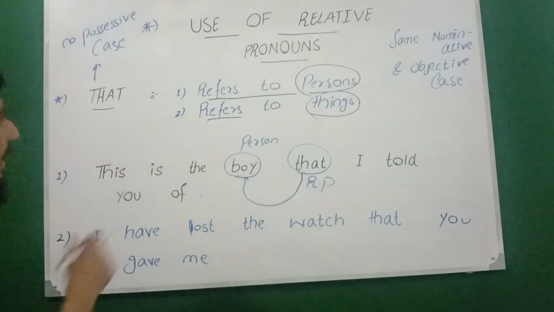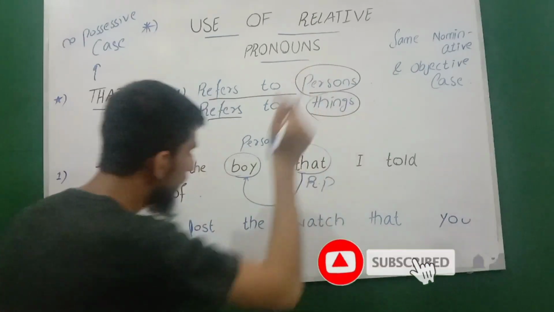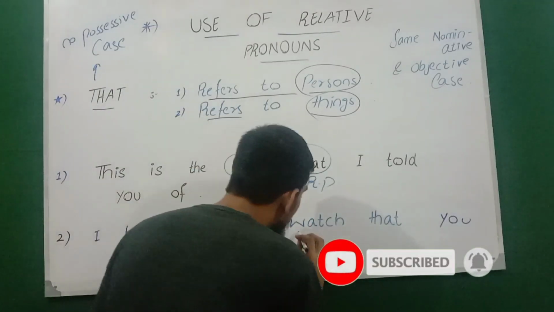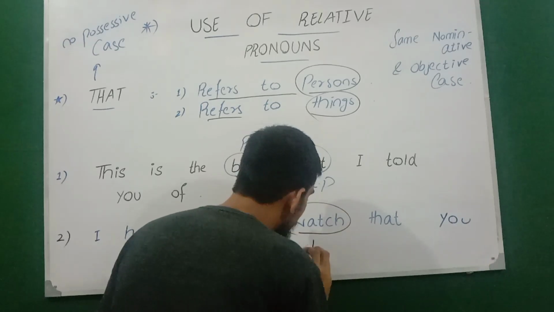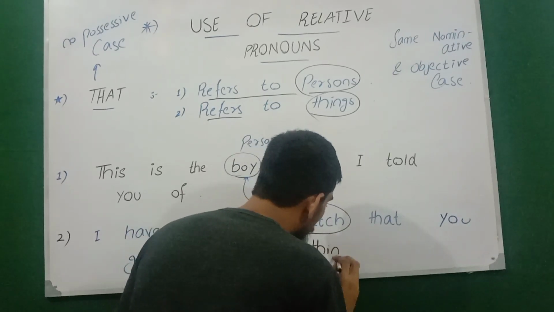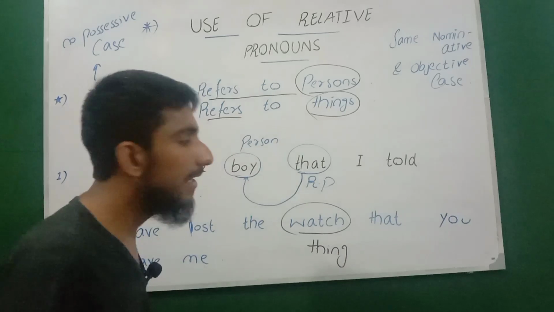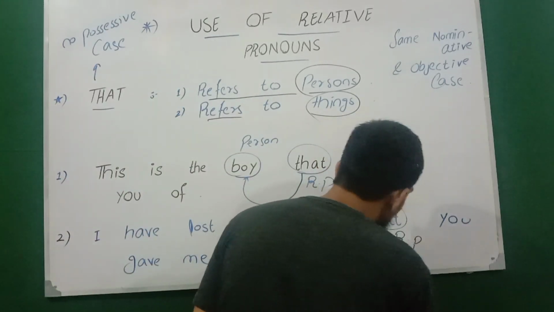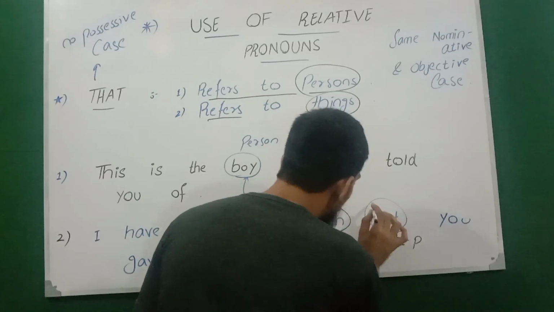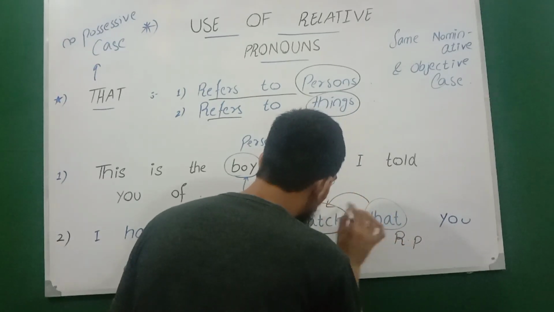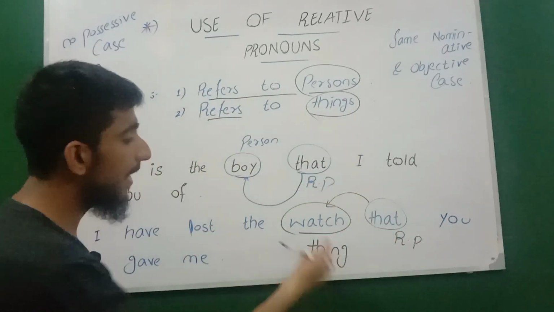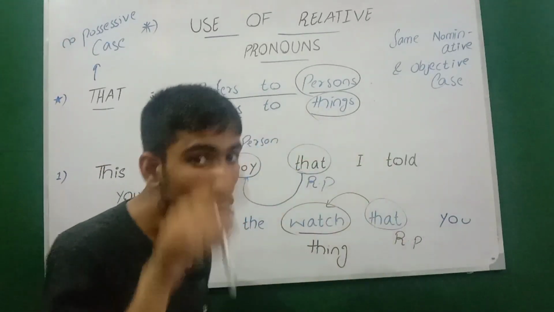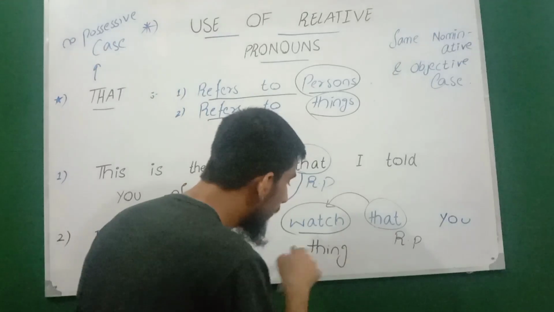Now look at the second usage, that refers to things. Look at this example: I have lost the watch. Watch is basically a thing, and "that" is a relative pronoun. Why do we use the relative pronoun "that"? Because it carries back to the noun previously mentioned in the sentence. Watch is the noun, and "that" is a relative pronoun used because it refers to things.